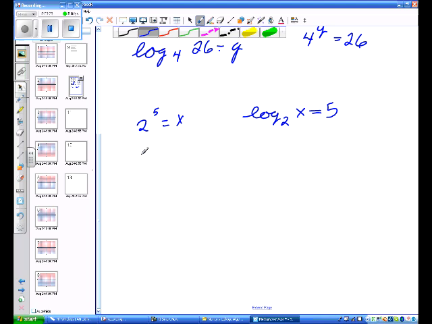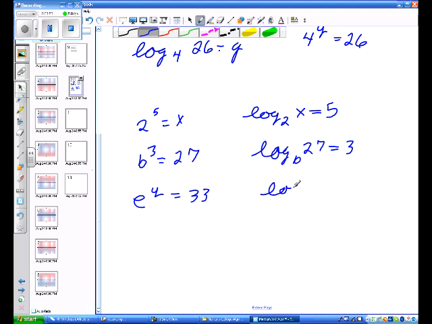If you'll remember that, it'll help you in a lot of these problems. b cubed equals 27. Well, that would be log base b of 27 equals 3. e to the y equals 33. So that would be log base e of 33 equals y.